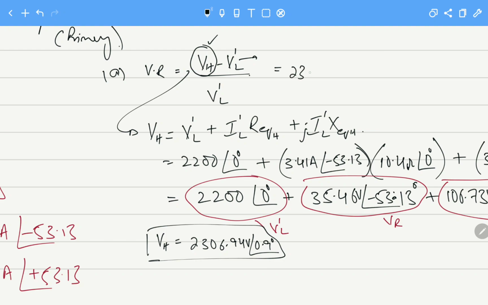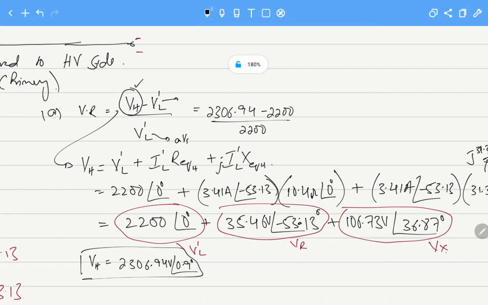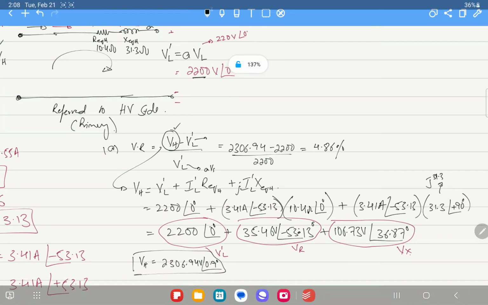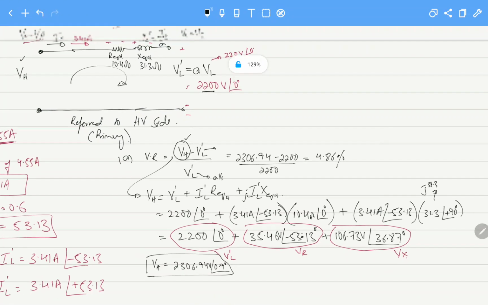Just the amplitude, you enter the amplitudes of the voltages minus 2200, divided by 2200. And from where did I get 2200? This is actually the low voltage side voltage. So the voltage regulation will become 4.86%. For what case? When we have a lagging power factor.